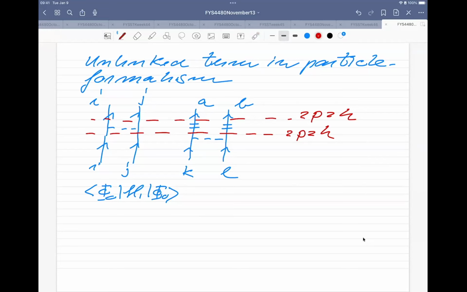So what we would get then, if we look at this in the particle formalism, we could get a diagram which looks like this. So I have i and j here. And then I could now get the corresponding hole states. So I have a particle states here.